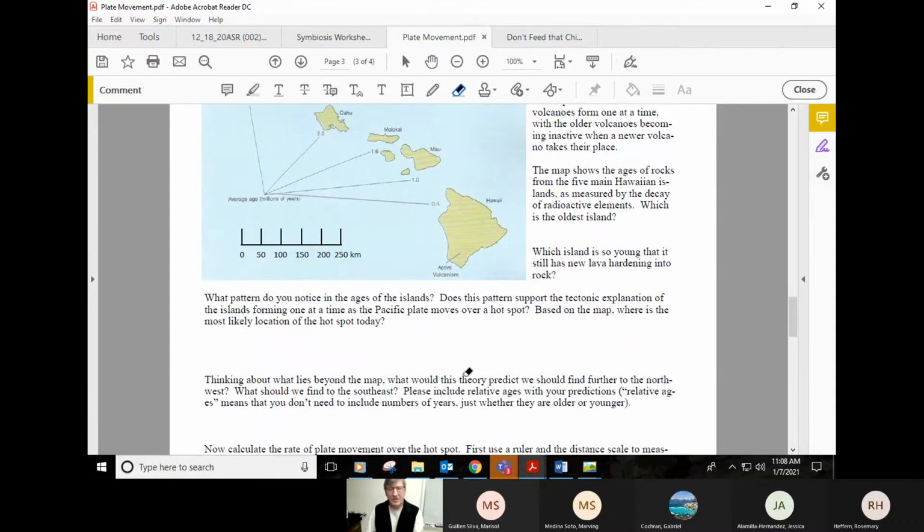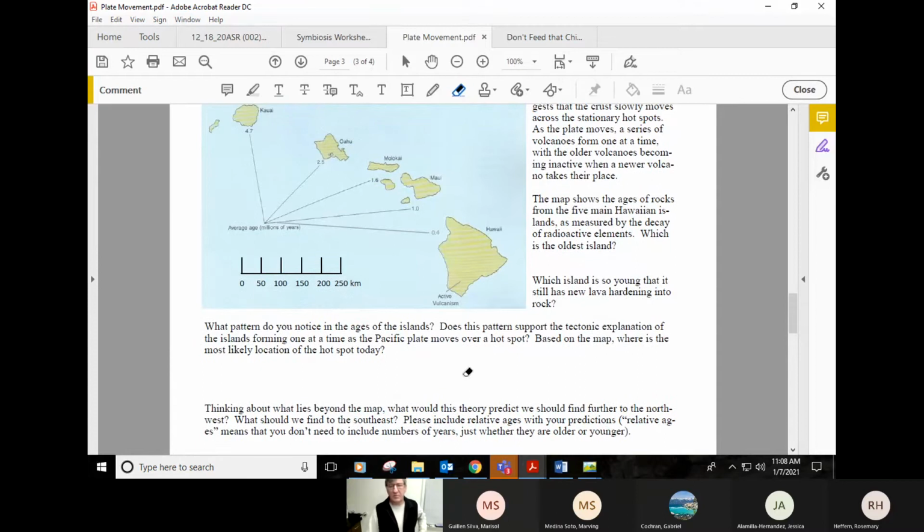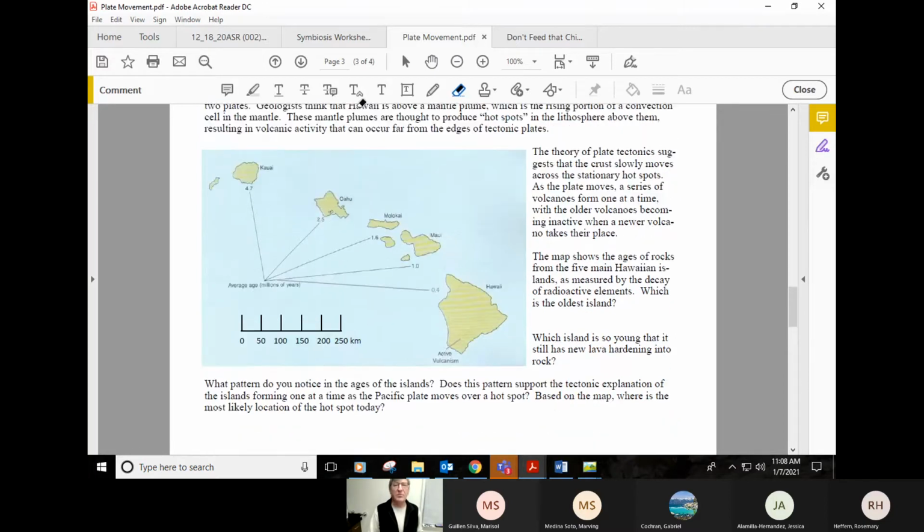And before we start our measurements, I think we have one more set of questions to think about. Thinking about what lies beyond the map, what would this theory predict we should find further to the northwest? So that's going to be over here. What should we find up here in the northwest?